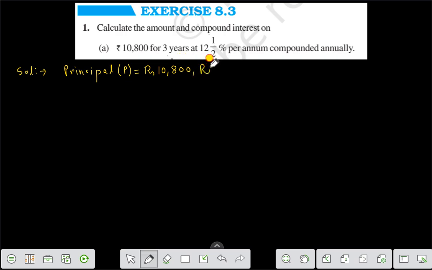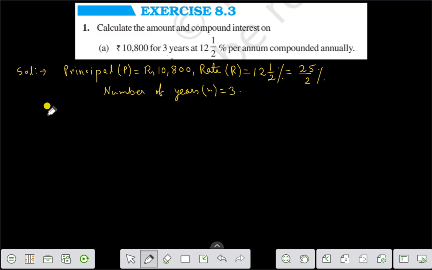Rate R is equal to 12 and 1 by 2%, that is equal to 24 plus 1, 25 by 2, 25 by 2%. Number of years n is equal to 3.